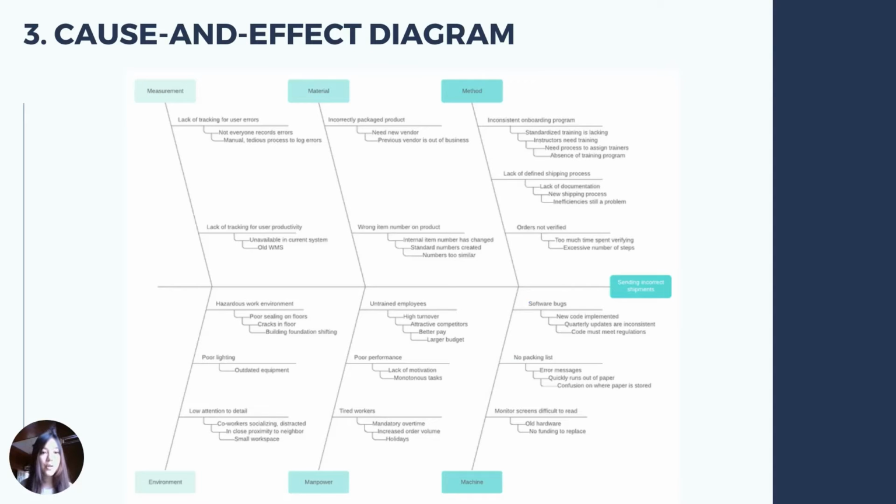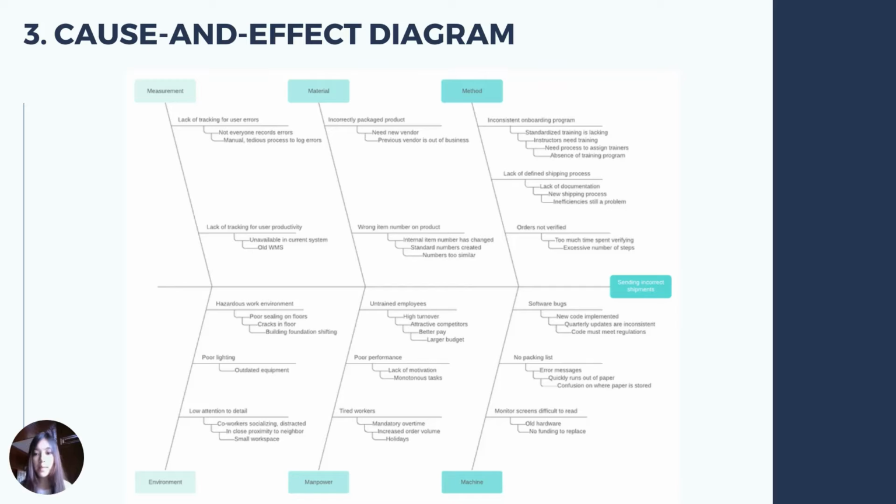And then we come to the third one, the cause and effect diagram, or fishbone diagram. This fishbone diagram helps the user to identify the various factors or causes leading to an effect, usually depicted as a problem to be solved.